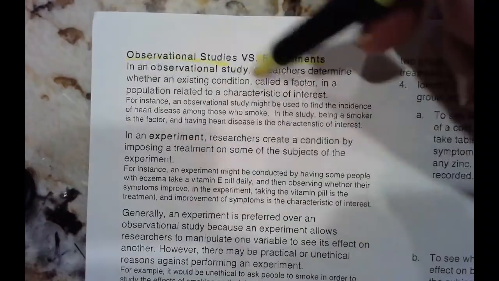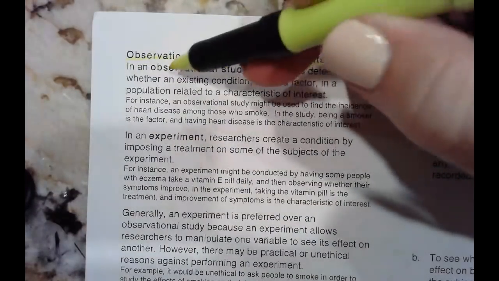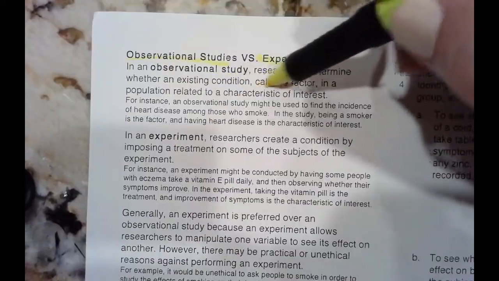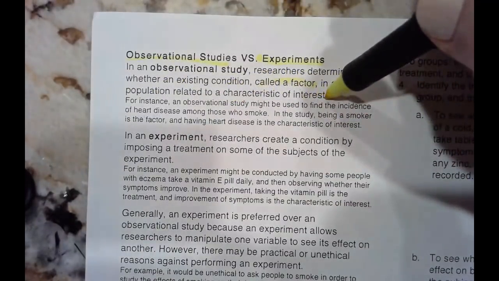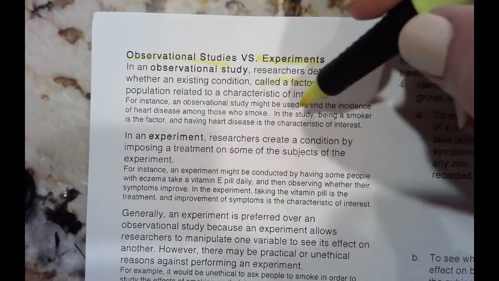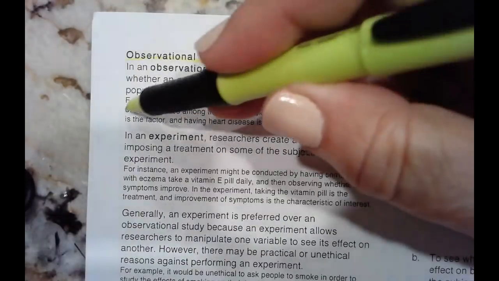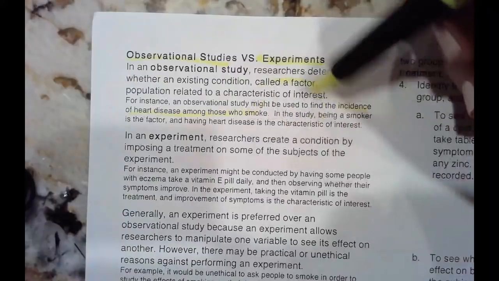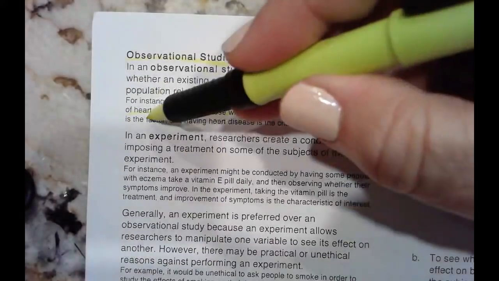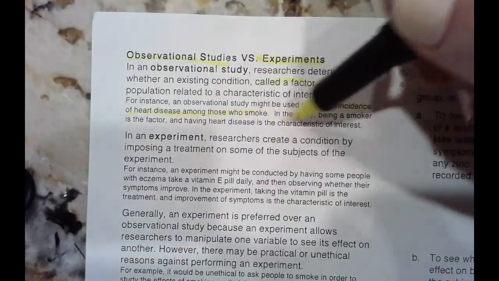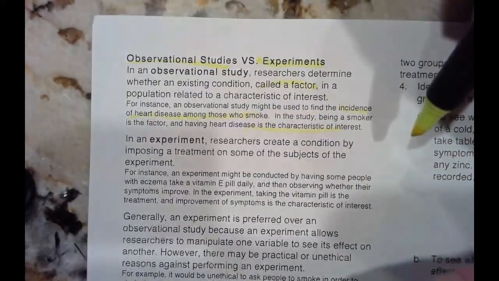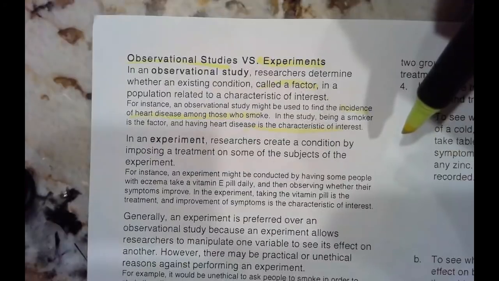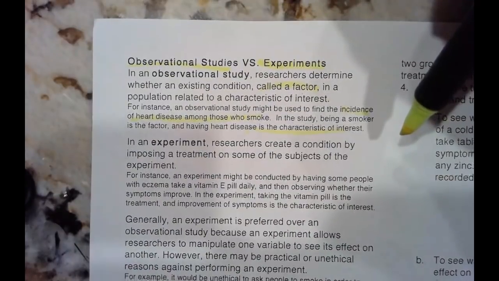In an observational study, researchers determine whether an existing condition, called a factor, in a population is related to a characteristic of interest. An observational study might be used to find the incidence of heart disease among those who smoke. In such a study, being a smoker is the factor and having heart disease is the characteristic of interest. They're just observing, not manipulating anything, just observing and recording.